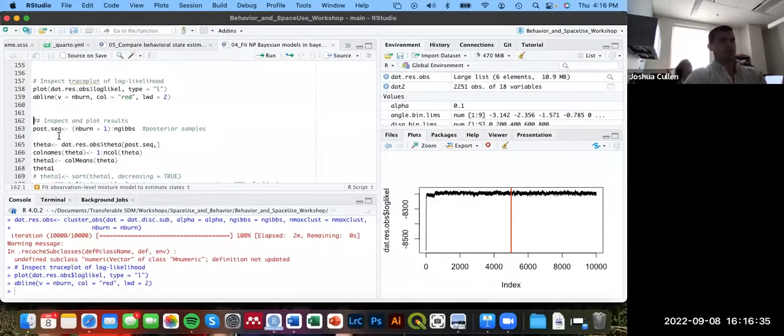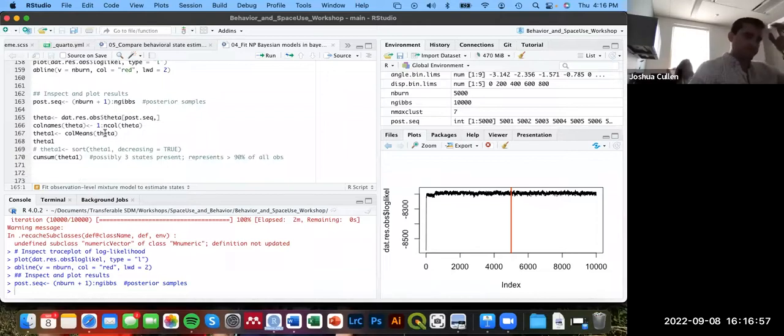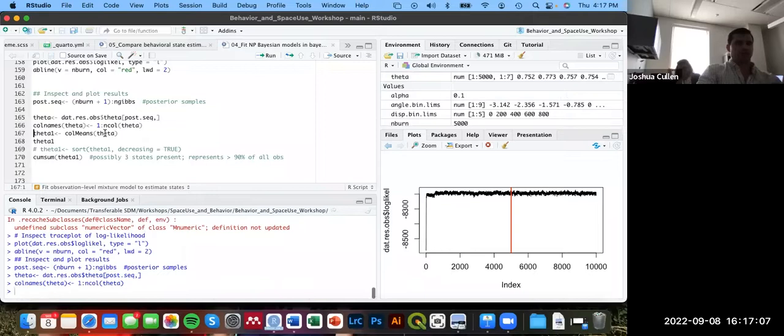So now that we've checked that trace plot, we want to consolidate all of our posterior estimates. So I'm going to define here the indices for the posterior distribution: everything after the burn-in period to the last iteration, I'm going to call post-seq. And then I'm going to extract these estimates from the model for these indices. So we have our matrix theta, and I'm going to calculate the mean value for each column.